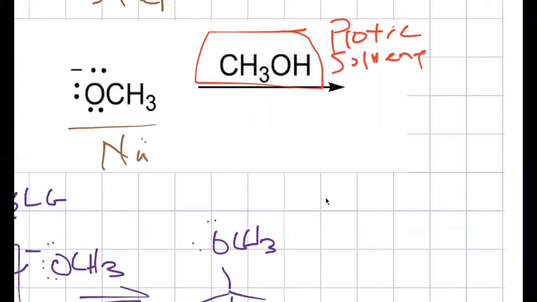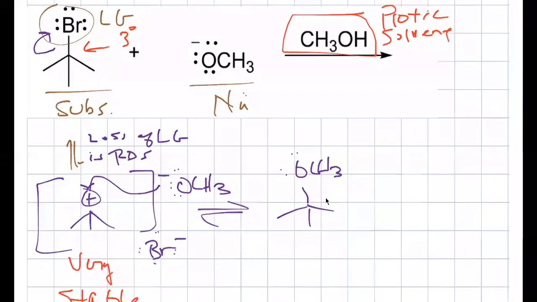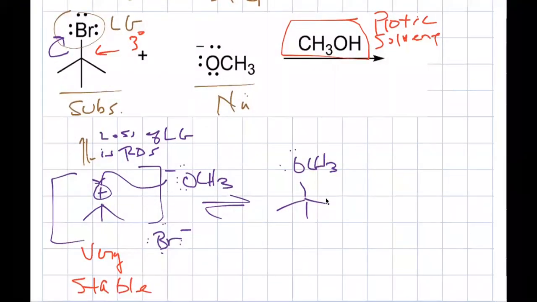Any alcohol is going to be protic. What the solvent does here is it actually helps the leaving group. It helps stabilize the leaving group because it'll solvate that leaving group once it leaves, or even while it's leaving.